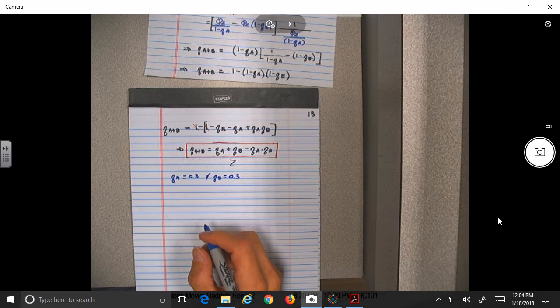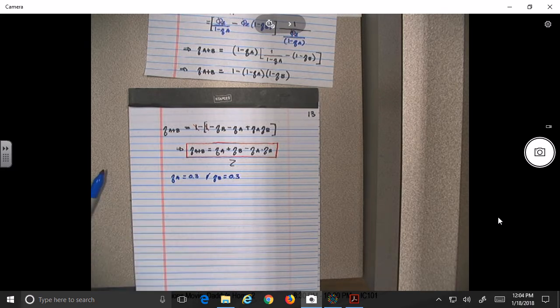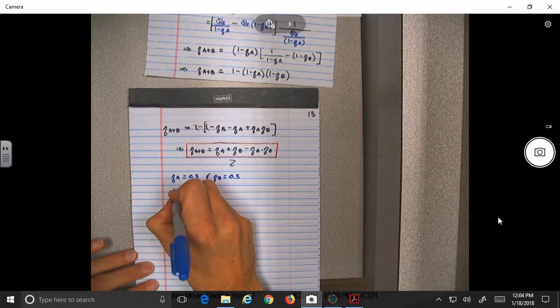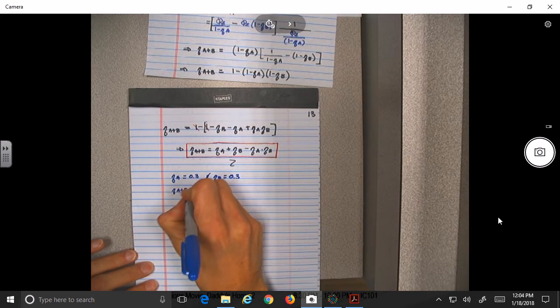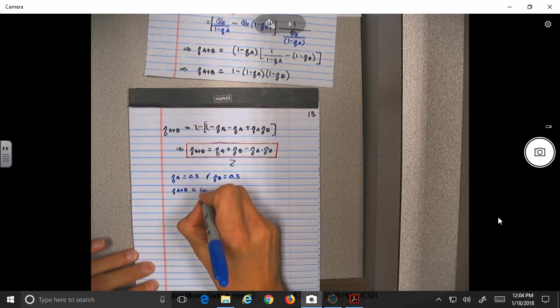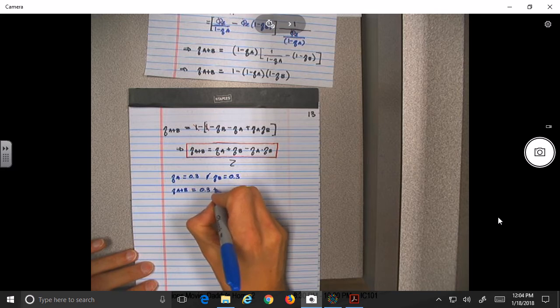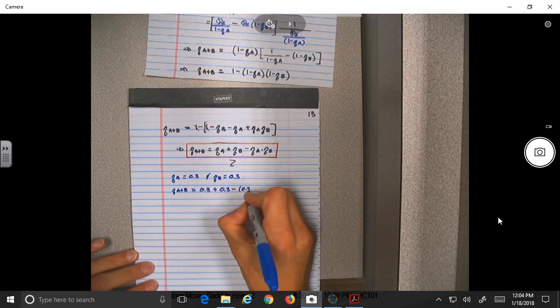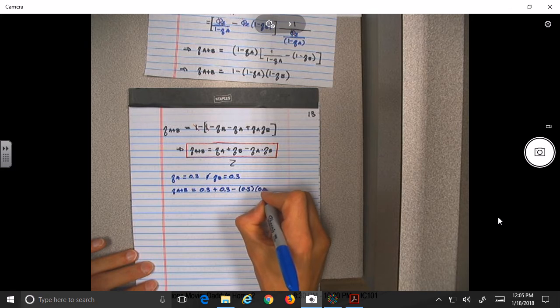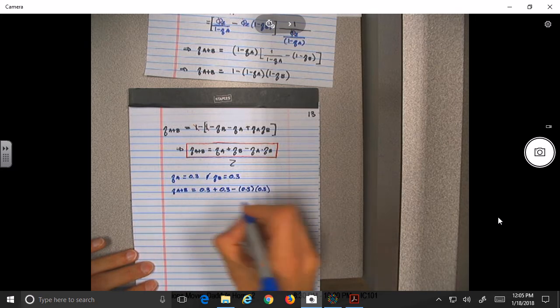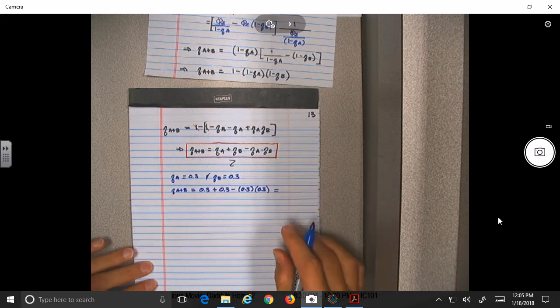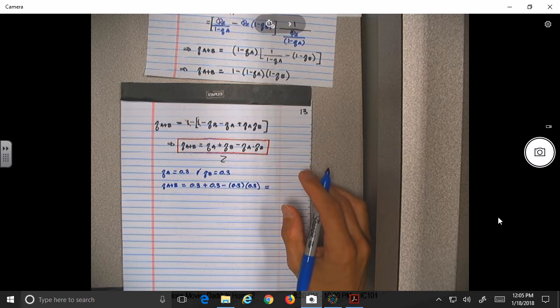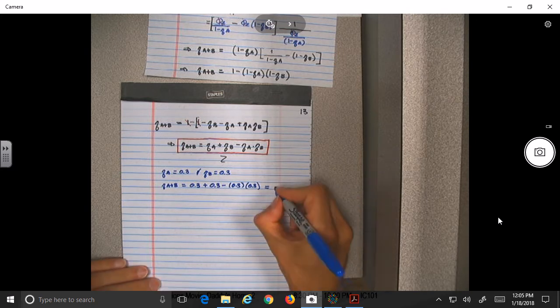Okay, so basically if we do this, then what will be the efficiency of A plus B? Will be 0.3 plus 0.3 minus 0.3 times 0.3. So what do you get? So 0.6 minus 0.09, so 0.51, no? Yeah?